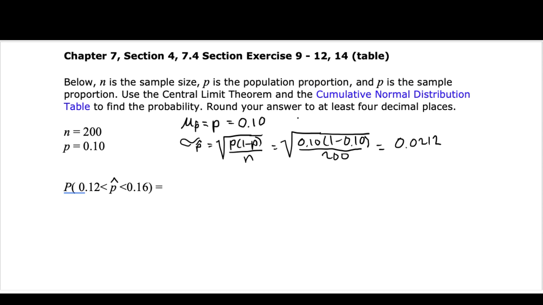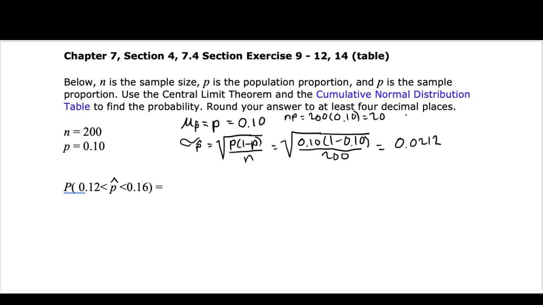The conditions that have to be met in order for it to be a normal distribution is that we have to calculate the value n times p, and this is equal to 200 times 0.10, and that is equal to 20.